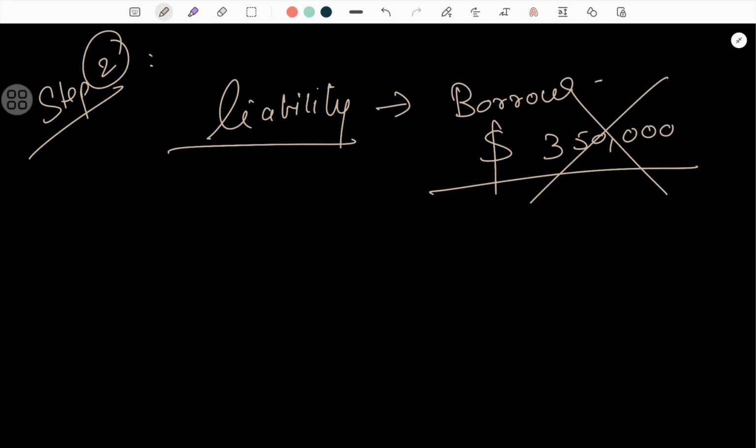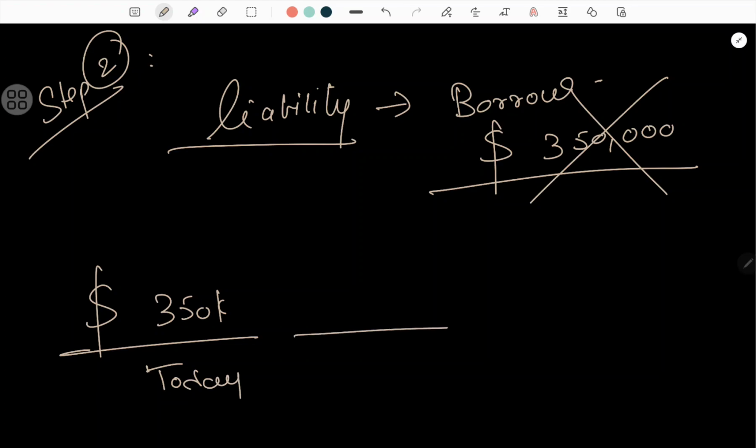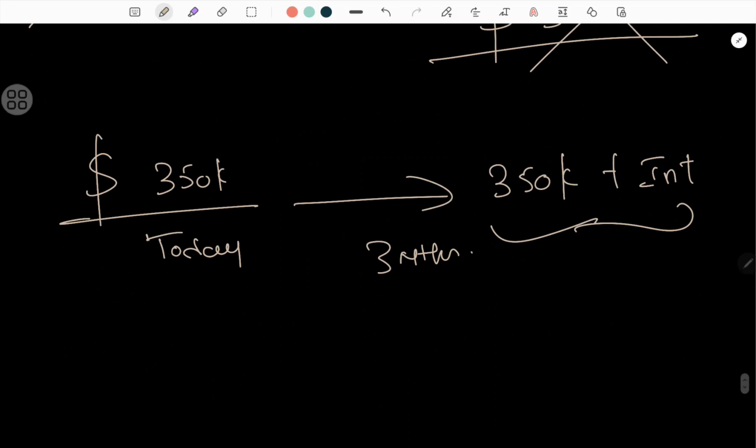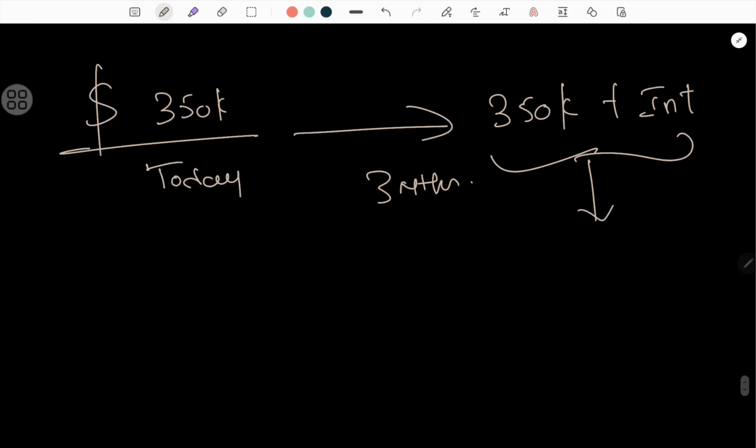But see, if I borrow $350,000 today, after 3 months I have to pay 350K plus an interest amount for 3 months, right? So basically I have to pay an amount which is more than 350,000, against which I will be receiving only $350,000.